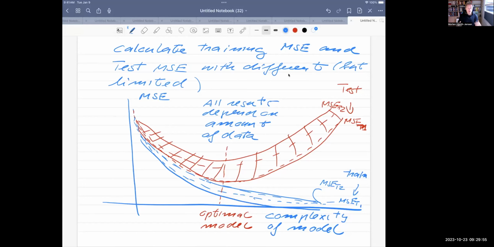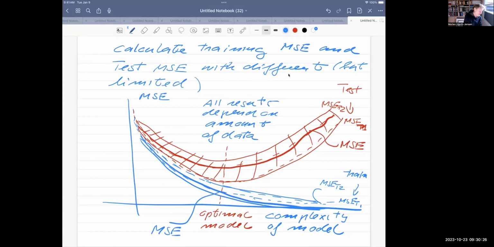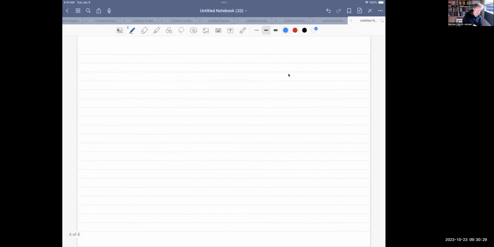And that's why we use resampling techniques, because what we want now is to make an estimate of the mean squared error. So perhaps the mean squared error is this one, MSE for test. And then there is a value here, which is the average of all these experiments which we've been running. So the blue line is the final train MSE. So that means that the total MSE is going to be given by an expectation value.